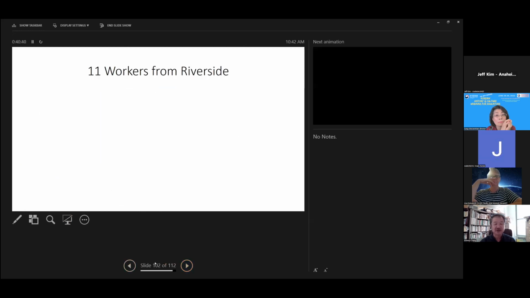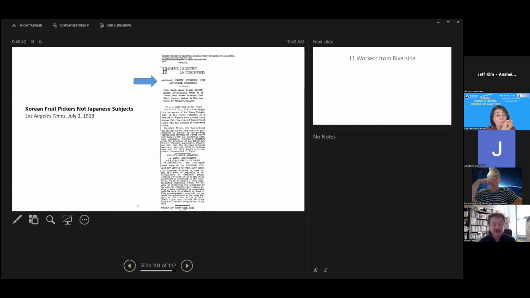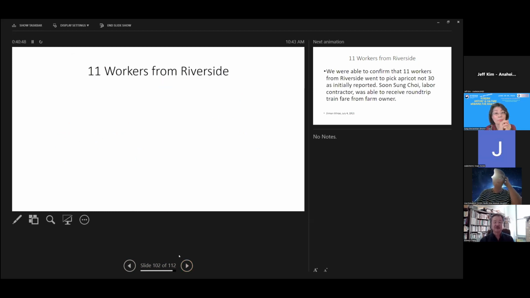Hemet Valley incident is very important. I think it's very important because 11 workers from Riverside, Pachappa camp, were recruited by local white farmers in Hemet Valley. As soon as they arrived from Riverside at Hemet Station, they were met by more than 200 white laborers.